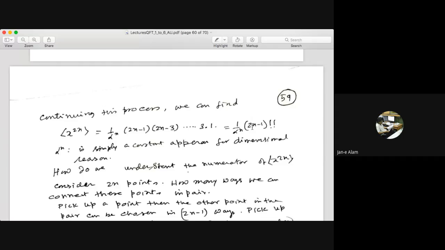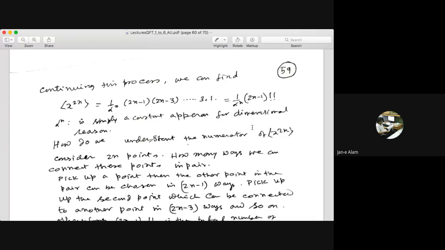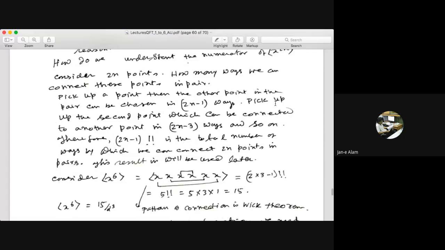We have also argued how to understand this result: it is nothing but the number of ways you can connect 2n points pairwise. So you have 2n points, and the number of ways you can connect them pairwise is proportional to the 2n minus 1 double factorial. This I have also discussed.